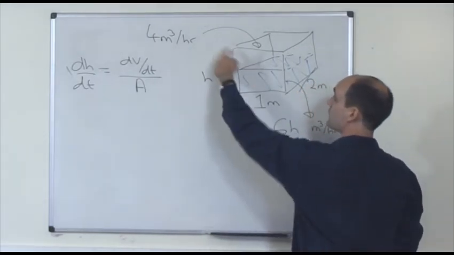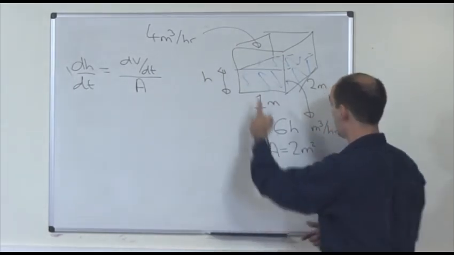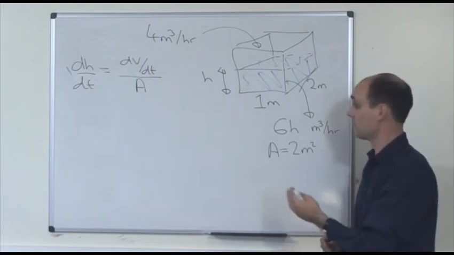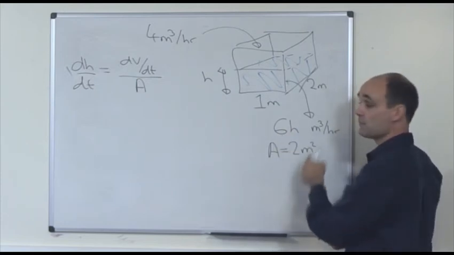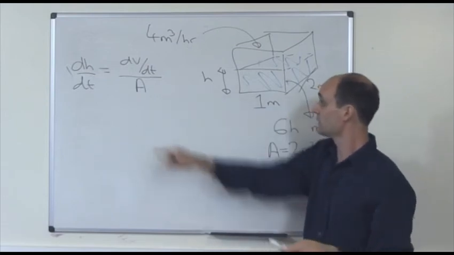We've got a positive contribution to the volume change from the water going in at the top. We've got a negative contribution to the volume of water from what's escaping down at the bottom. So we've got everything we need to put into this equation.